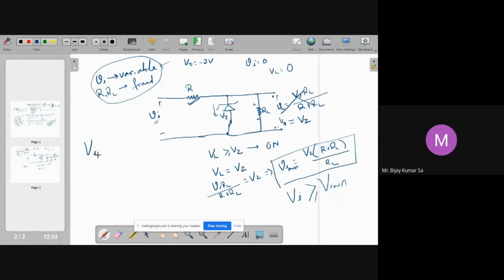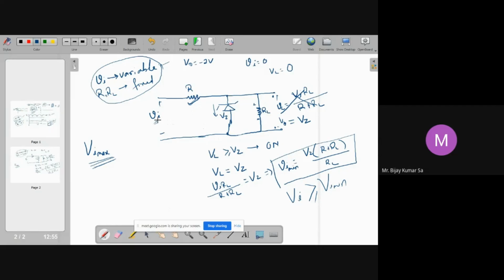What is the VI maximum that you can apply to this system? It is not that any input voltage of any maximum value you apply and the output will be regulated DC voltage. No, it is not so. There is a limit up to what VI maximum this voltage regulator can do the voltage regulation.